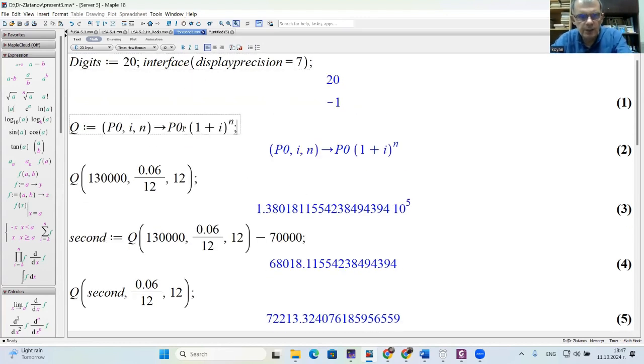We define the function as we know it. For the compound interest, the invested money, the interest per period, and the number of periods.